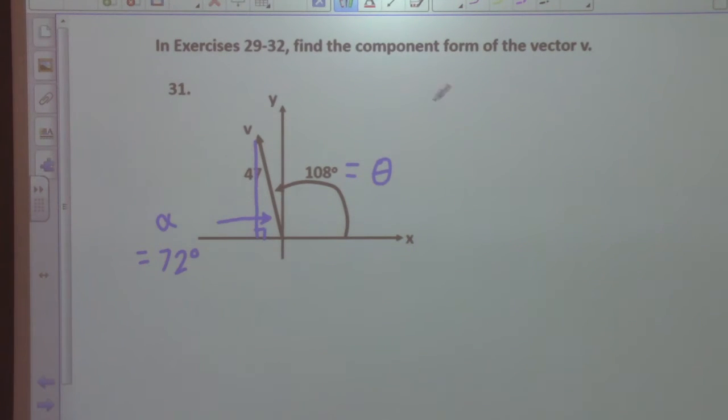We have x equal to 47 cosine of 72 degrees, and y is equal to 47 sine 72 degrees. So are these correct here?